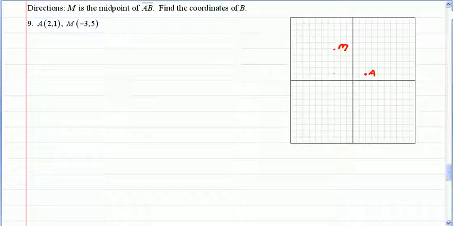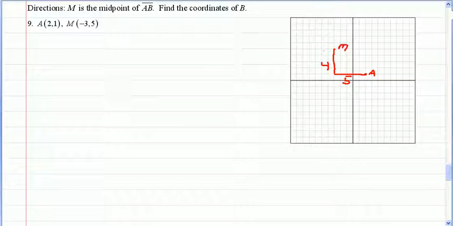So to find it, we want to find horizontal and vertical distances. And the horizontal distance between A and where it starts to corner is 5, and the vertical distance is 4.